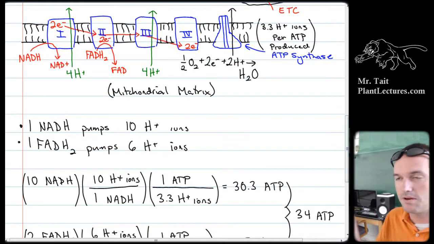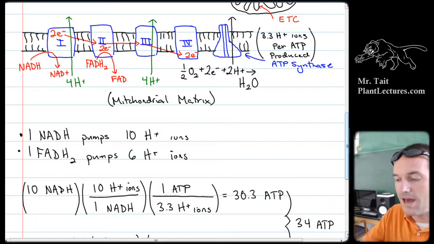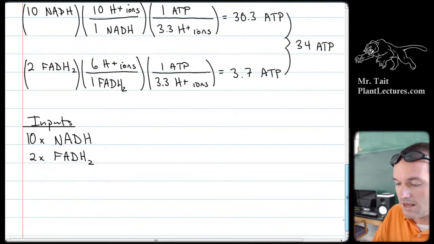H+ ions, we don't need to consider those. Oxygen. Oxygen needs to be input here. Okay, so the question becomes, how many oxygen atoms are required per molecule of NADH or FADH2? What? 1/2 O2, which is what? 1, right? So a single oxygen.